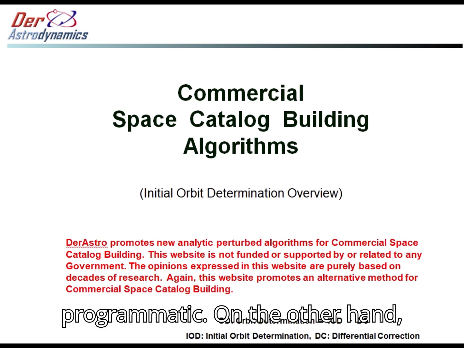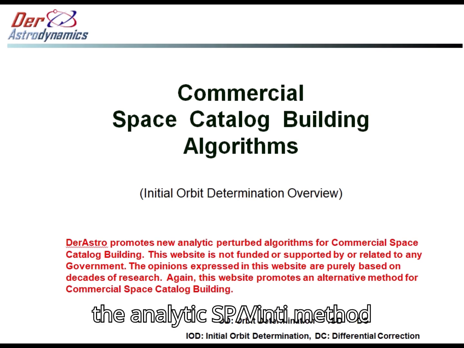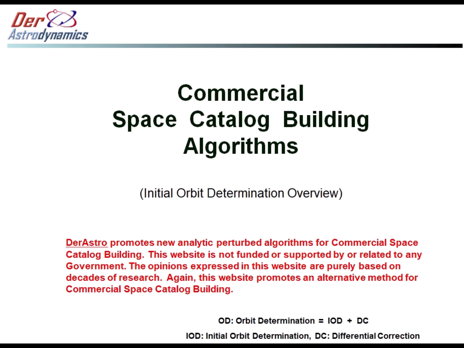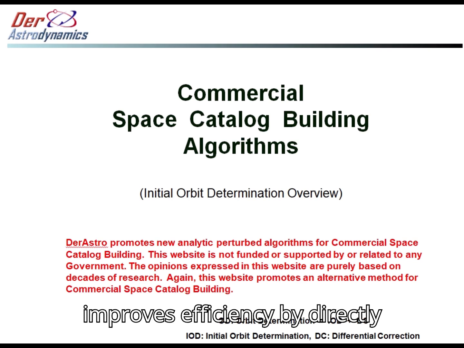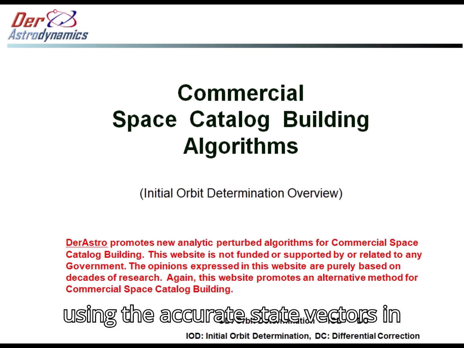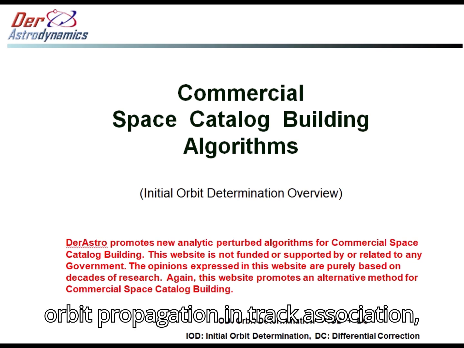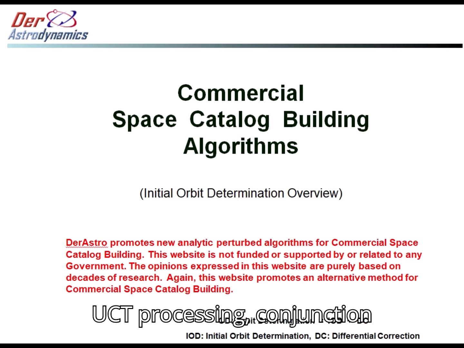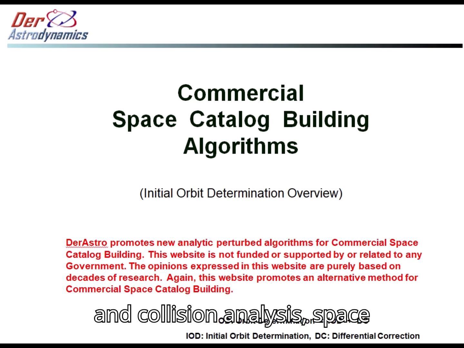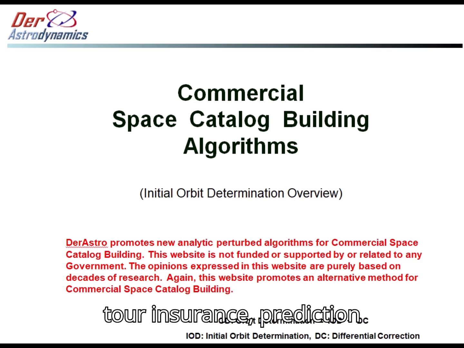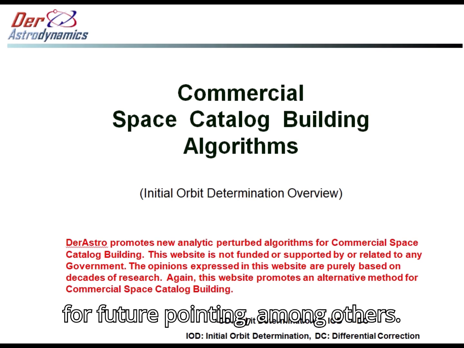problematic. On the other hand, the analytic SP-Winti method improves efficiency by directly using the accurate state vectors in the SP space catalog for analytic orbit propagation in track association, UCT processing, conjunction and collision analysis, space tour insurance, prediction for future punting, among others.